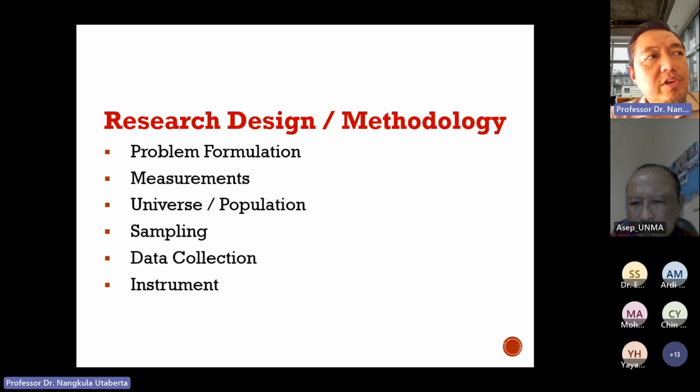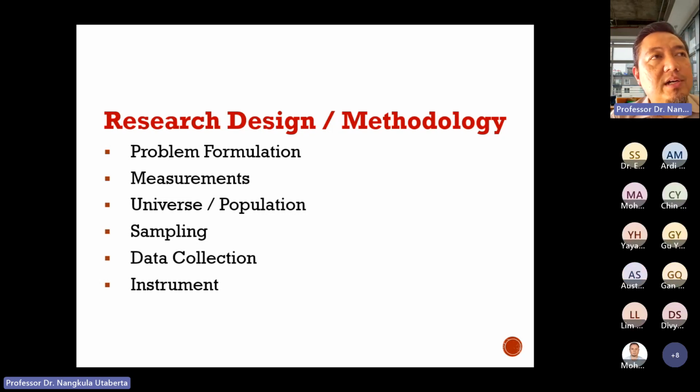Today I will be giving two lectures. One will talk about research design and methodologies, in general. We will have lectures by Dr. Nazira, who will be talking about quantitative research methods, and Dr. Aina will be sharing on qualitative research methods.